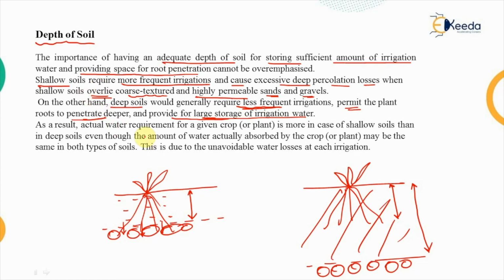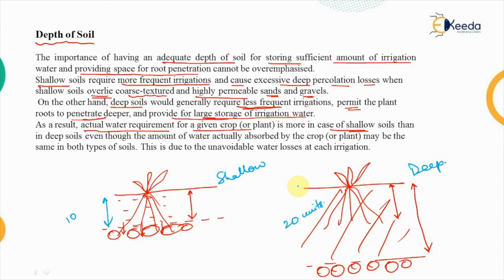As a result, the actual water requirement for a given crop would be more in the case of shallow soils, because these shallow soils require frequent irrigation. Let's say this requires only this volume, that is 10 units, and this entire volume is 20 units.